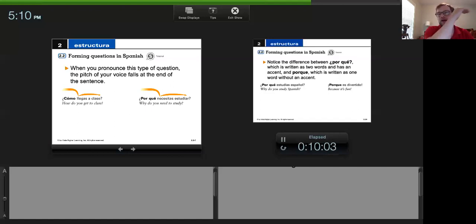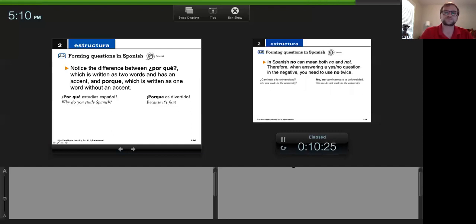The focus of my higher intonation is on the question word, and then I finish the rest of the statement. ¿Por qué necesitas estudiar? You hear my voice going up, and then it goes down for the rest of the sentence. ¿Cómo llegas a clase? ¿Por qué necesitas estudiar? Okay, so when you're using one of these question words, that's the type of intonation that you will have.